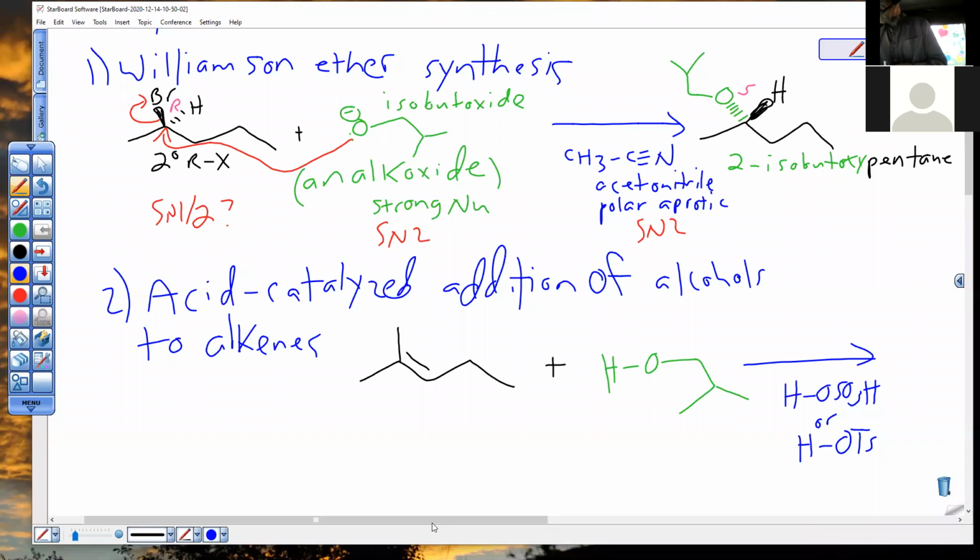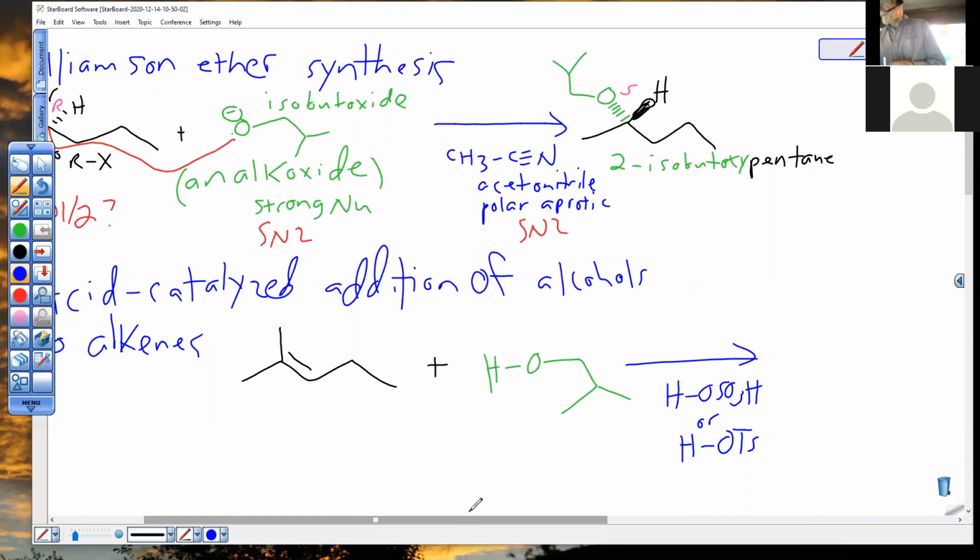And the result, without doing the mechanism, does involve a carbocation. As you would guess, with a potential tertiary carbocation, it does involve attacking it and generating an oxonium. We did all of this on our first mechanism test. That was test 3. And we have this.